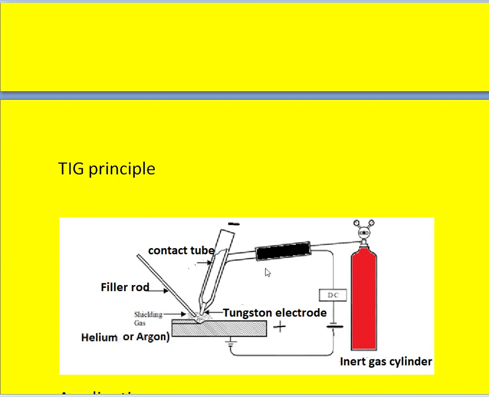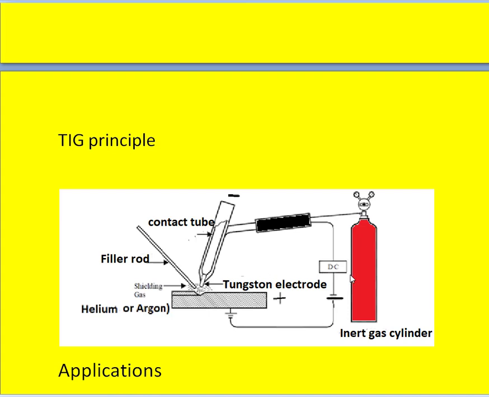Coming to the operation, when the DC supply is switched on and the gas cylinder is on, the DC supply supplies current to the electrode. When the electrode is kept very near the base metal, we find a voltage of around 70 volts between the base metal and the electrode.